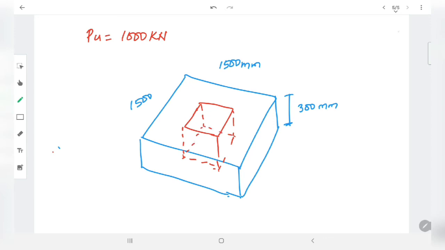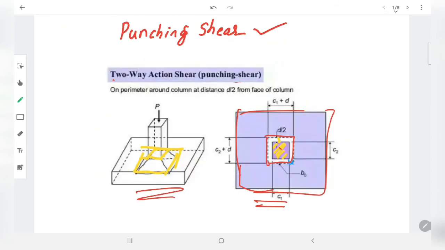That means whenever the punching shear occurs, the failure occurs. Here you can see in the figure, it will be acting at a distance of d by 2. Okay, here we have drawn this one.